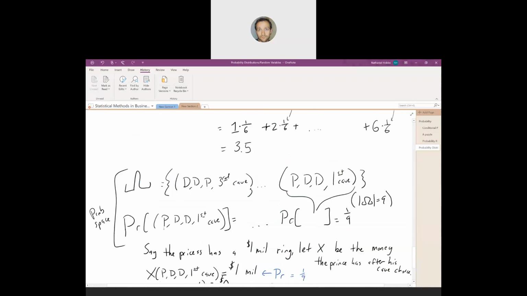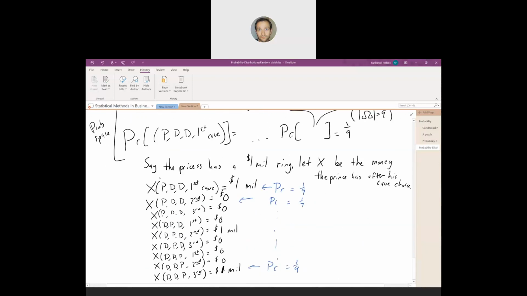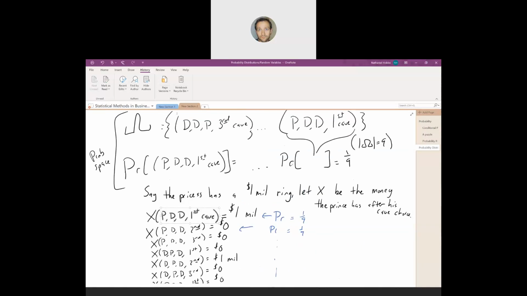Here, it's the same thing. This is an event that can happen. So for each event in this space, in this set, each one of these, you're going to assign it a number.